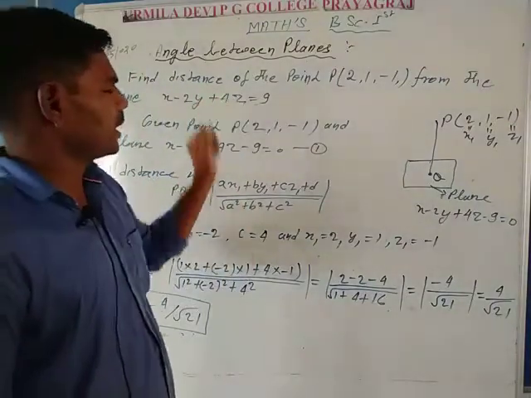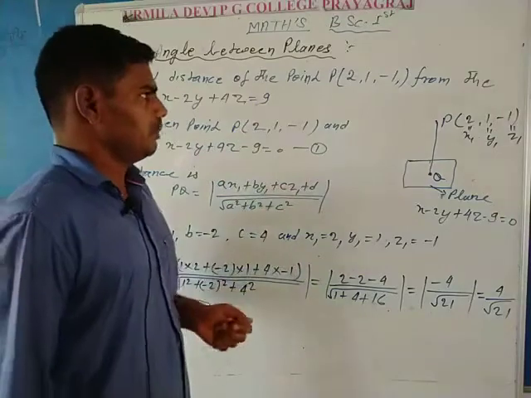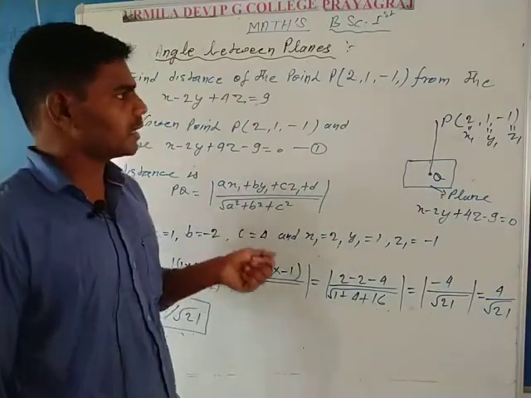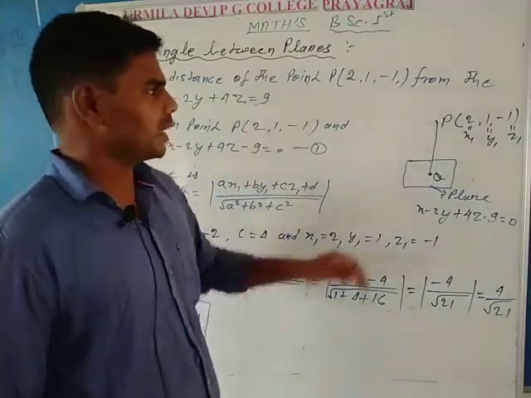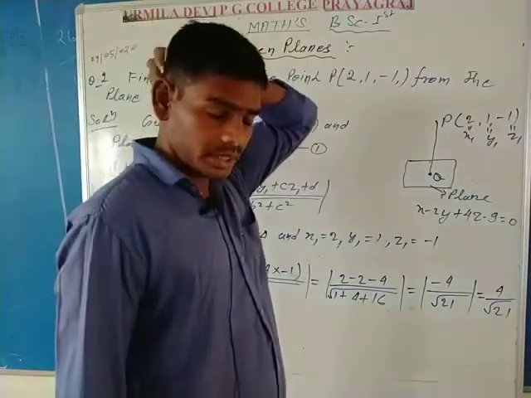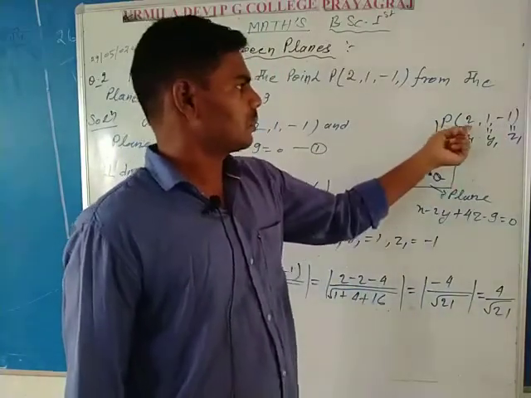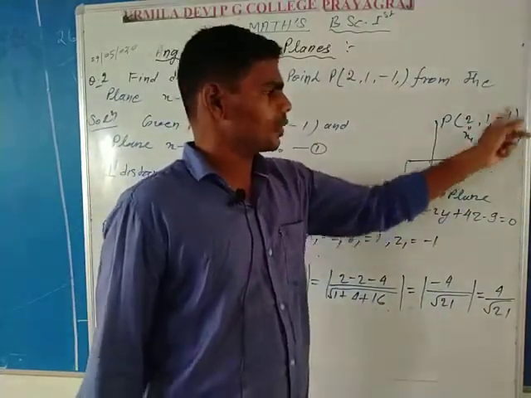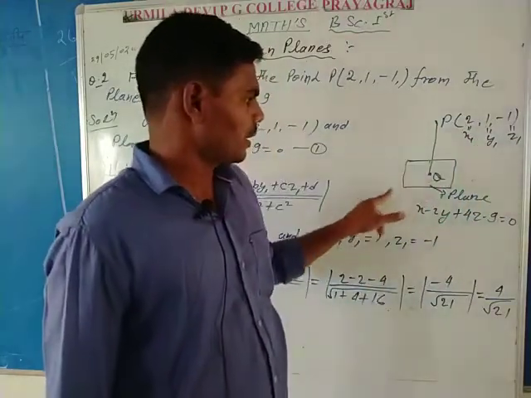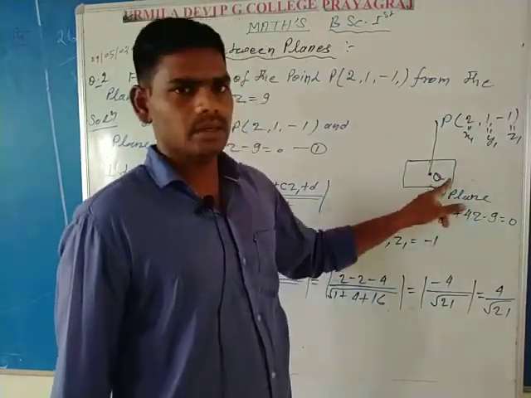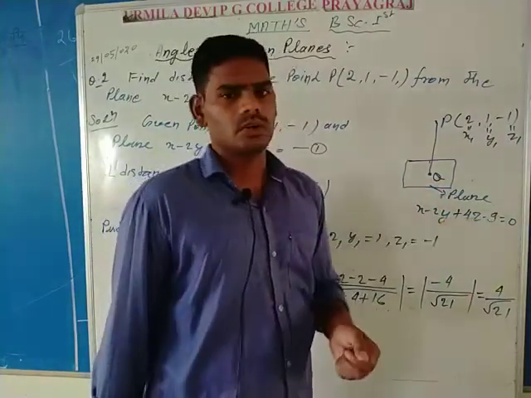Here a plane equation and a point P are given. The aim of the question is to find the perpendicular distance from point P to the given plane. So here we draw a figure. In the figure, P has the given coordinates 2, 1, -1, also denoted by x1, y1, z1, and we draw the given plane, suppose the plane x minus 2y plus 4z minus 9 is equal to 0.